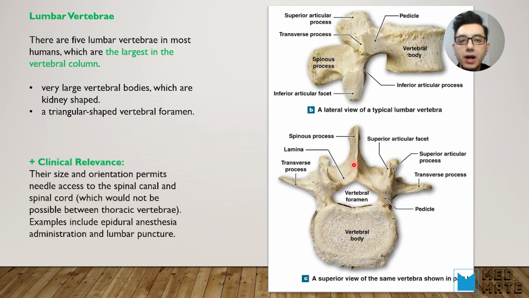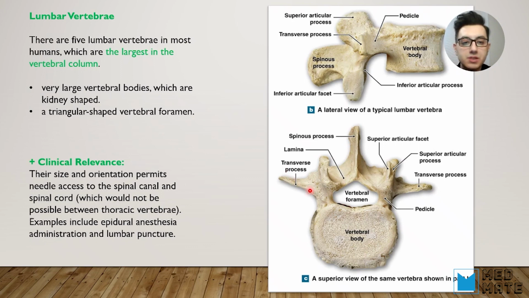Now, before I tell you about clinical relevance of that, I'd like to tell you about specific parts of lumbar vertebrae. So here you can see spinous process, as you saw it in other kinds of vertebrae. We also have the lamina, pedicle.